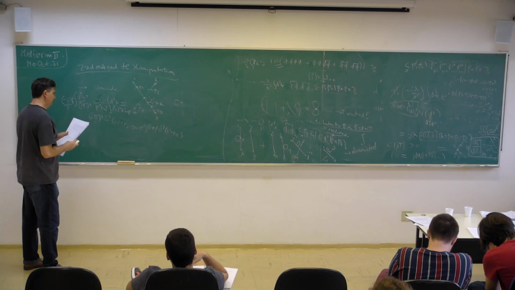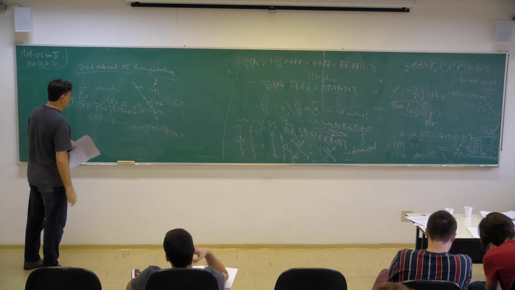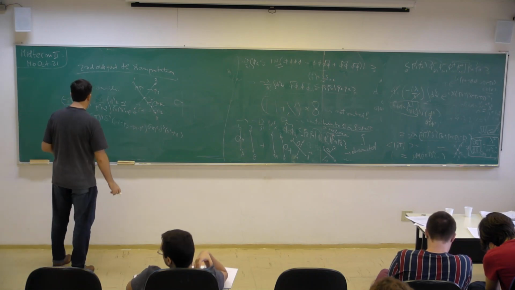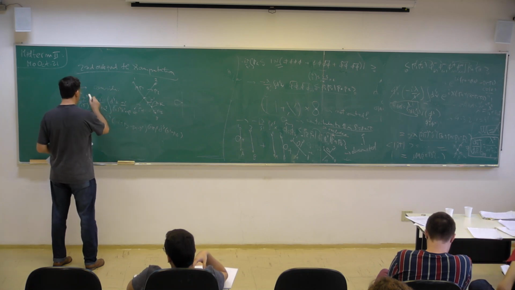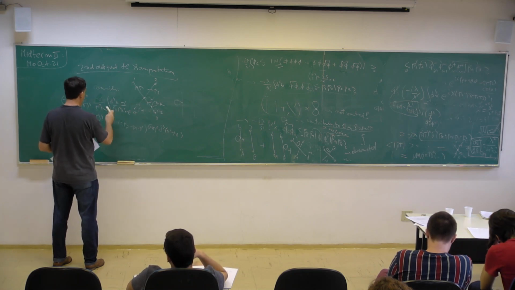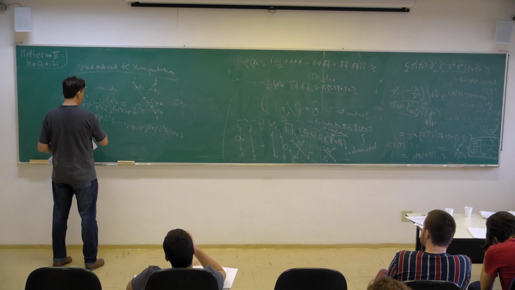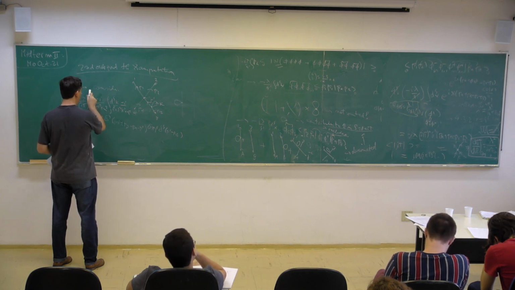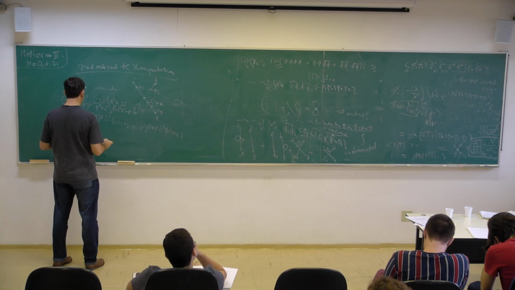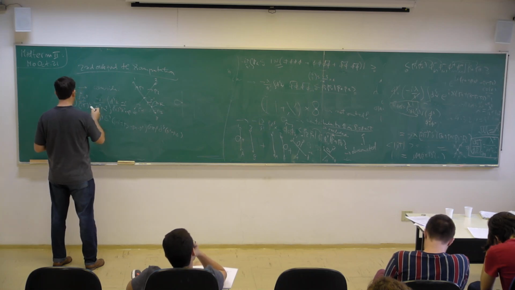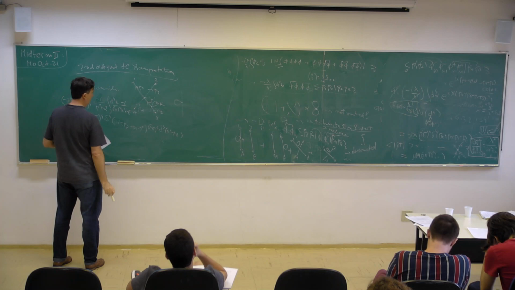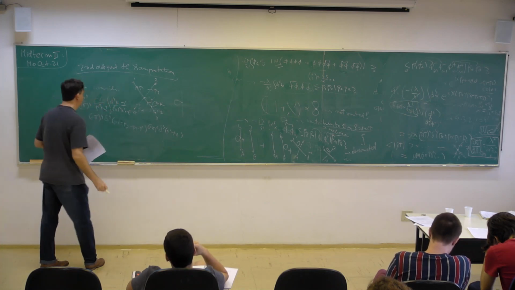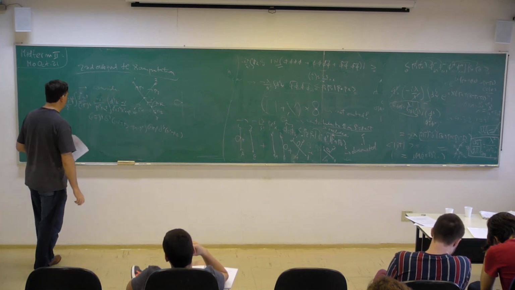And so when I do the integral over P prime first, then I get P prime equal to PB.